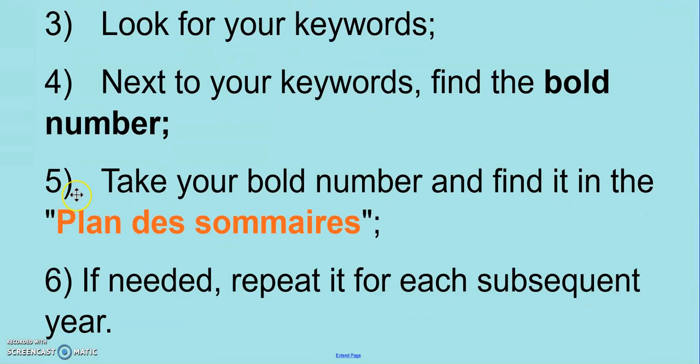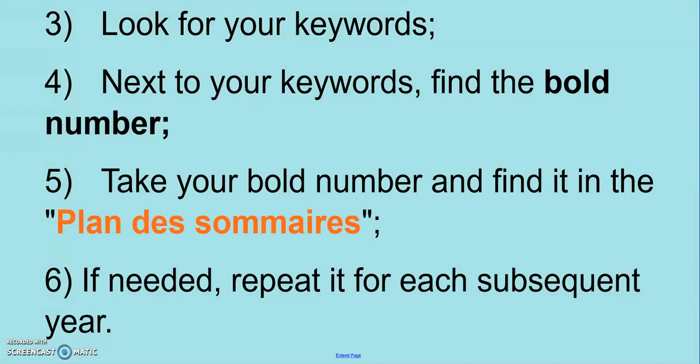I take the bold number and I go back to my plan des sommaires. In my plan des sommaires, you remember it's where we found the case summaries and the reference at the end. So in our case, the bold number that we had was 3056, so you go in Plan des Sommaires and you find 3056.